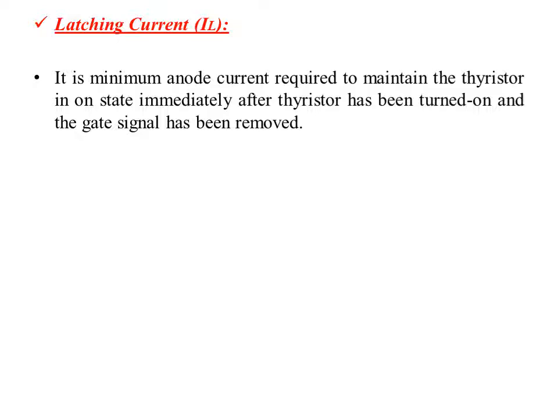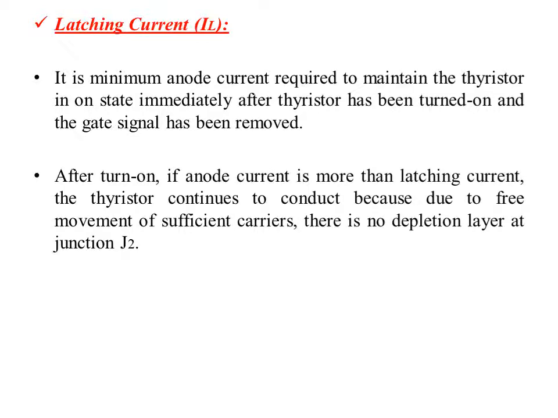That current is called the latching current. After turn on, if the anode current is more than the latching current, the thyristor continues to conduct because, due to free movement of sufficient carriers, there is no depletion layer at junction J2.